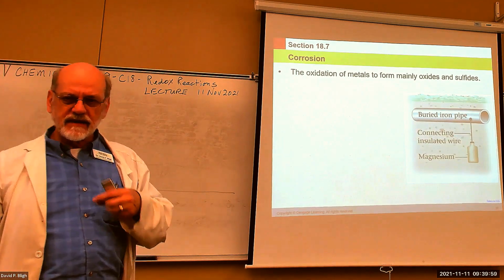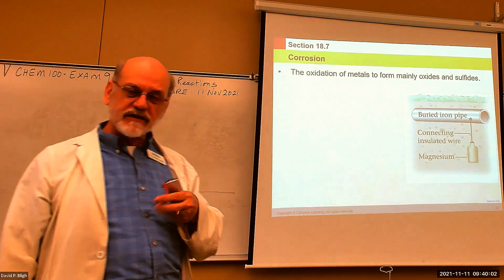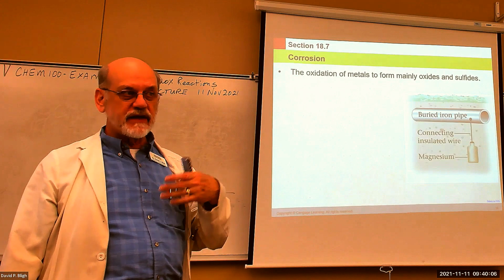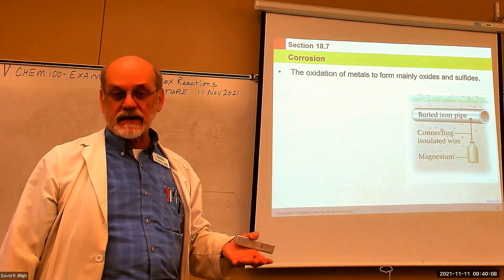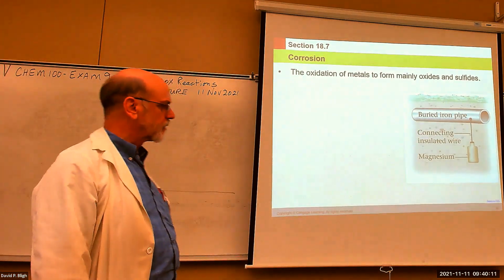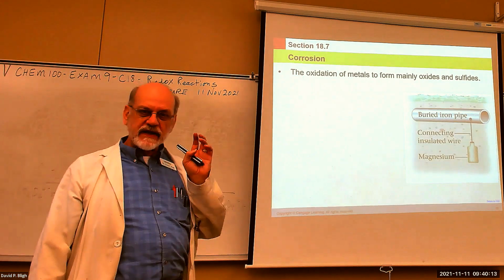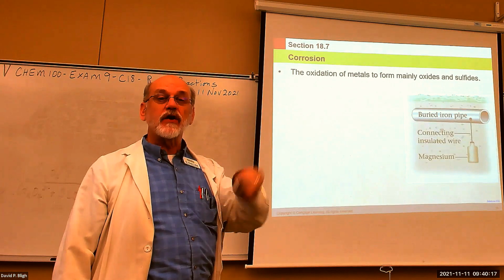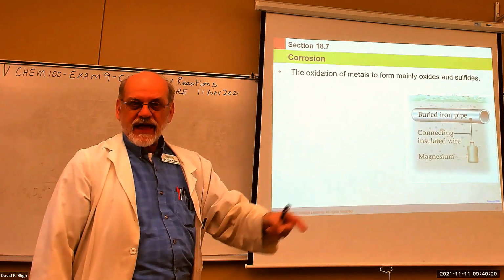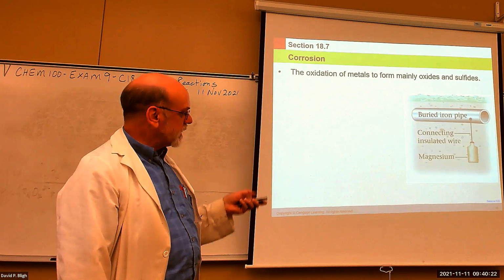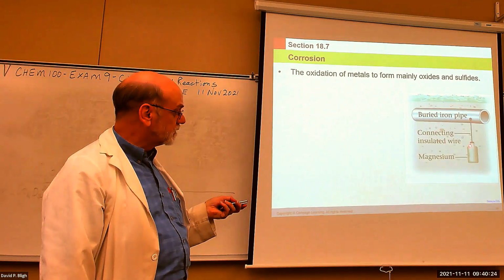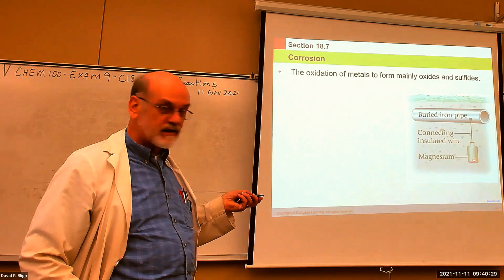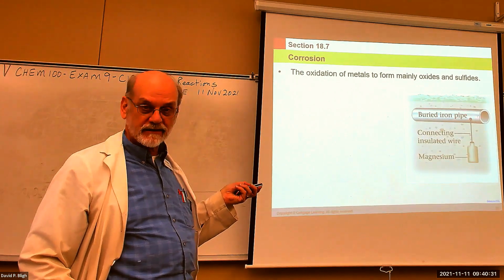It's kind of like the electrolysis. Instead of letting the iron go its natural course and turn into, say, iron 3 oxide, rust, we connect it to a competing reactor. We let some other metal corrode, and we connect the two through a wire so that the electrons produced by the corrosion of this metal are supplied to this metal.